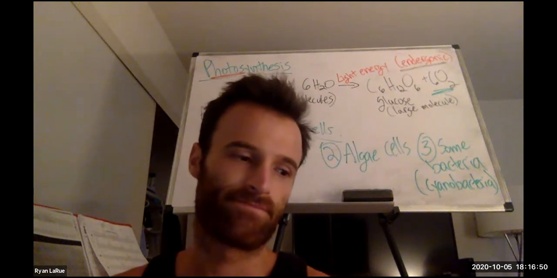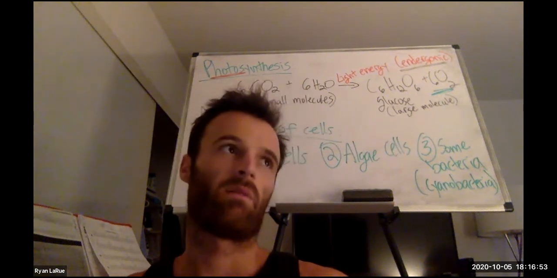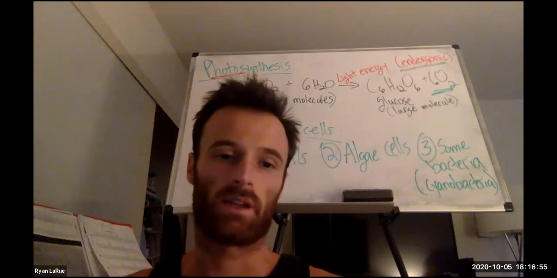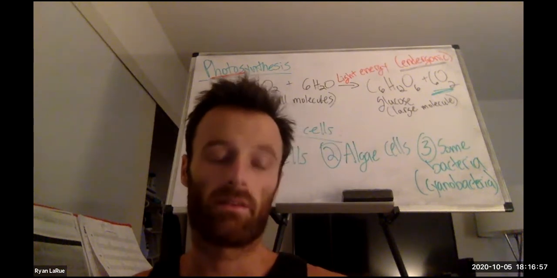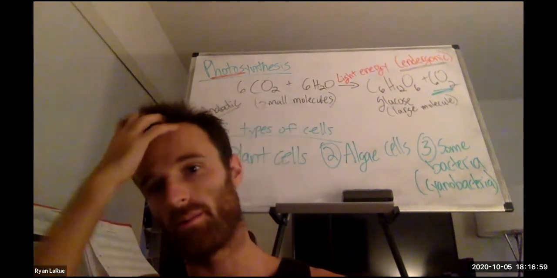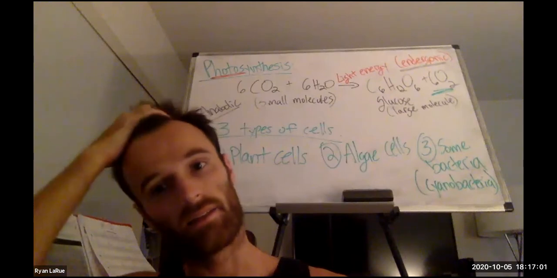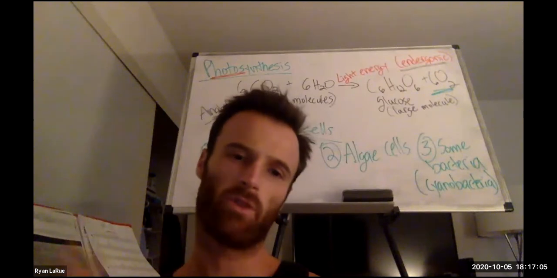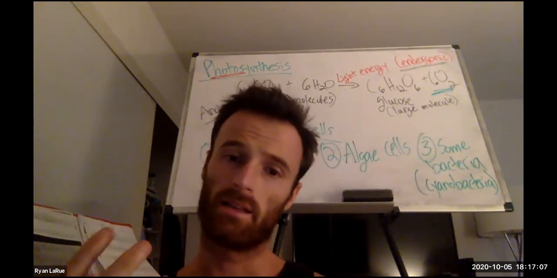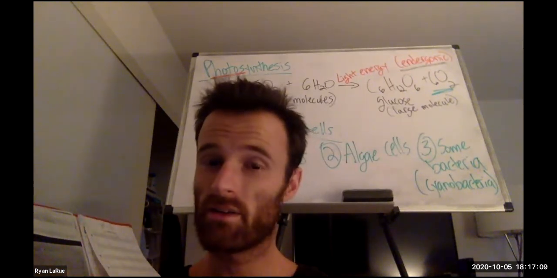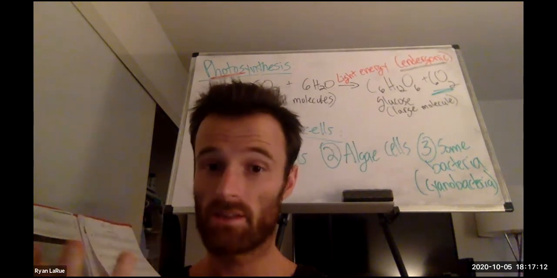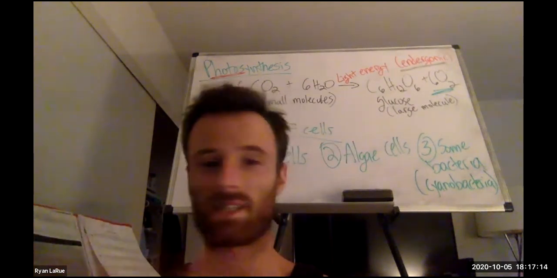But fun fact, again, plants, bacteria, algae. Algae is a really vague term for a lot of these protists. Seaweed is considered algae photosynthesizing, but it's not a plant, right?